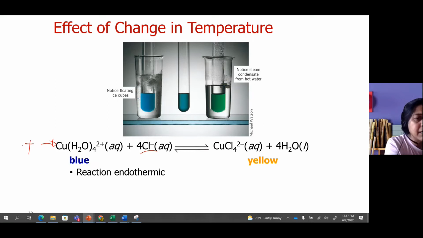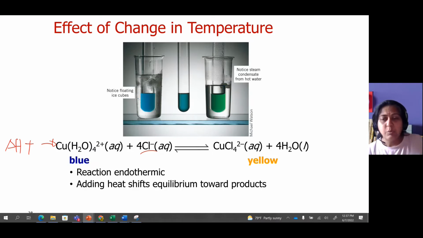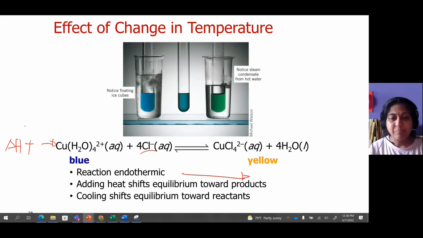So if it is endothermic, it means heat is a reactant. If it is exothermic, then heat is a product. So what does adding heat mean? Yes, more reactant. Then the equilibrium shifts towards the product to reduce the temperature. If cooling, then the system needs to warm up, so it needs to make more reactants, more heat. So the equilibrium moves towards the reactants.